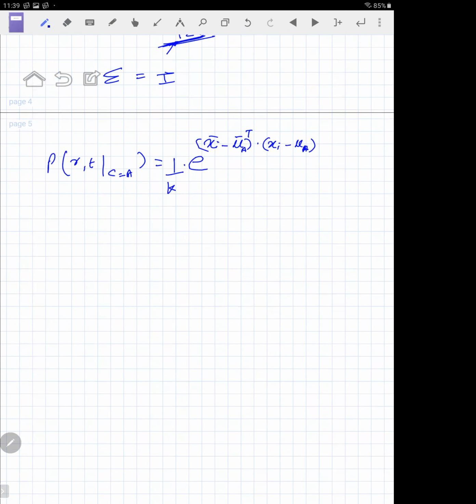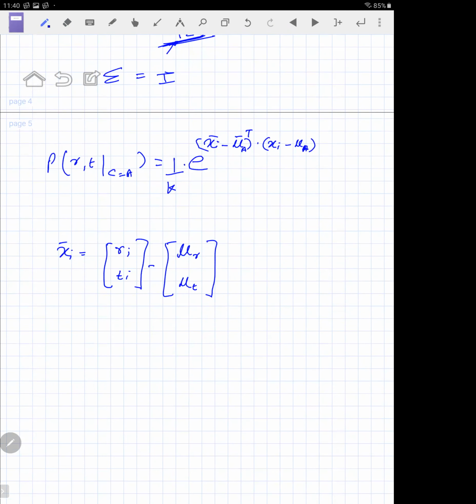What this is doing is, remember this xi is actually a measurement which is ri and ti, and you are subtracting it from the mean of your price and the mean of your temperature.